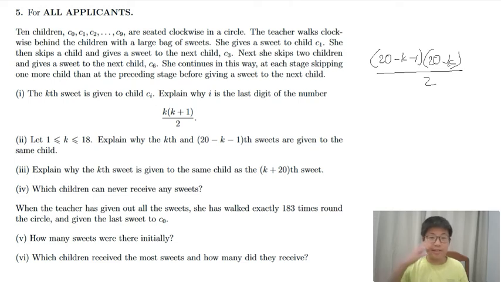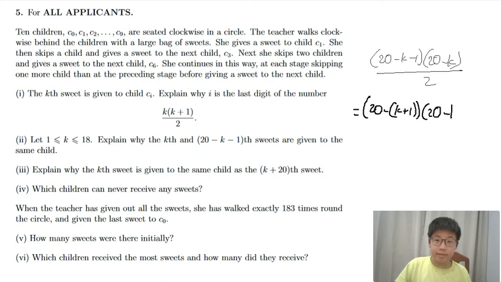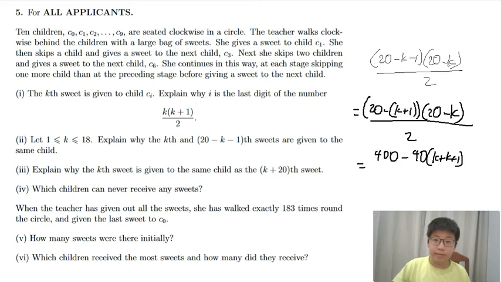I'm going to increase the pen size a bit so that you can see better. This equals (20 minus k minus 1)(20 minus k)/2, which equals (400 minus 40k plus k(k+1))/2.